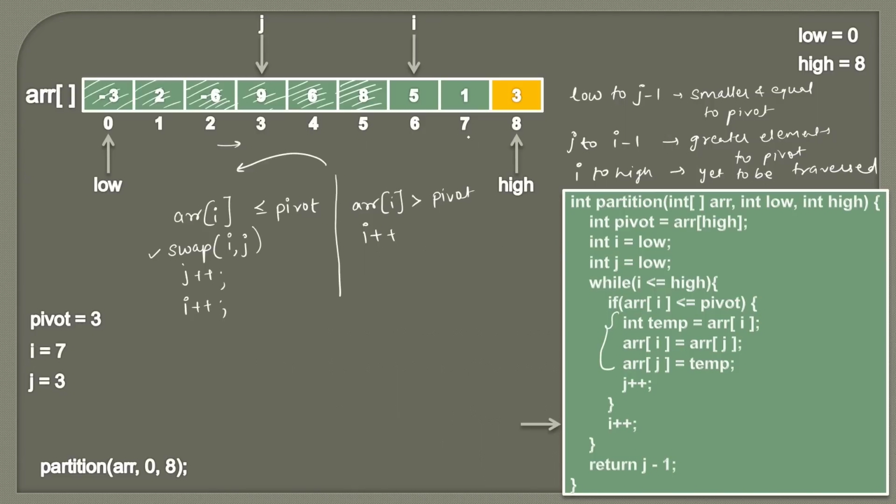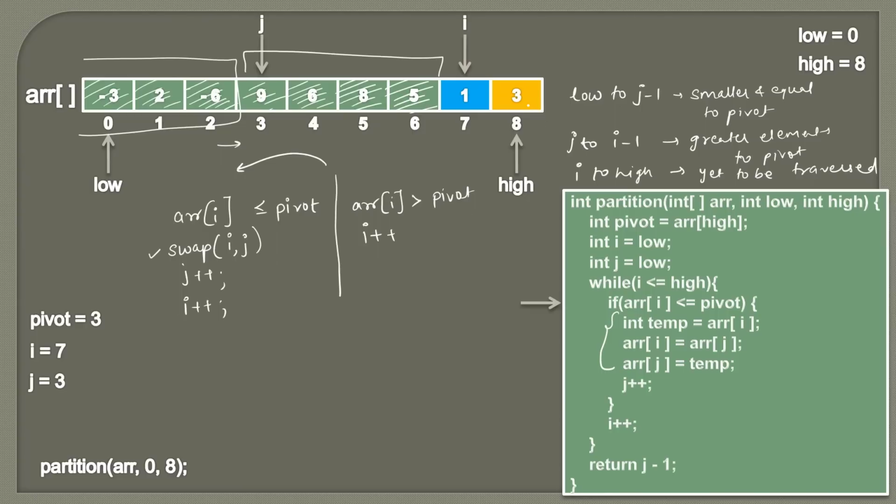So i becomes 7. So here you can see this range from low to j-1 we have smaller elements. From j to i-1 we have greater elements to pivot. Value of i is 7. So 7 is less than or equal to high, which is 8.